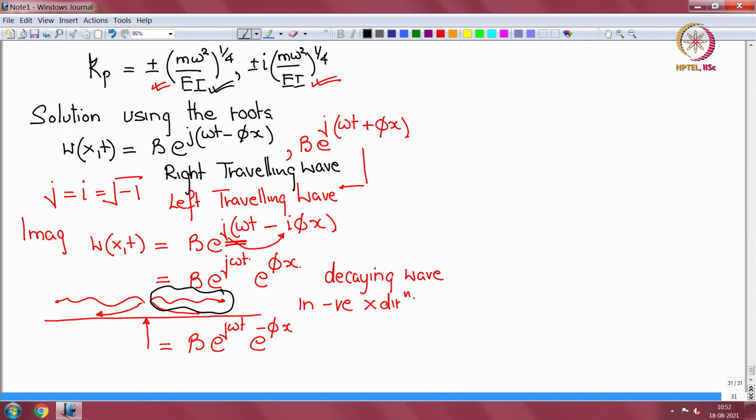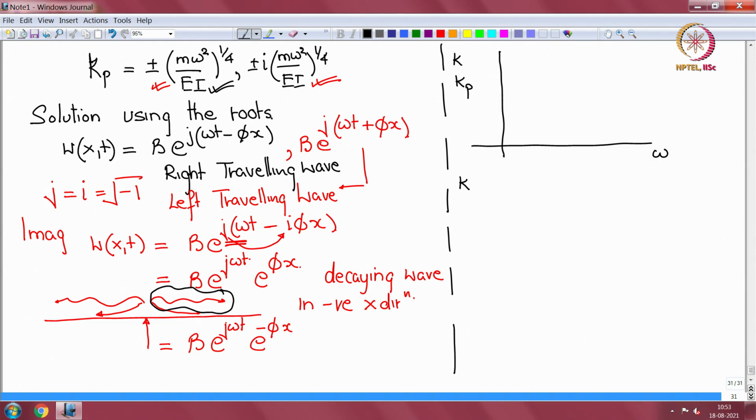Now, if we plot both the wave numbers, I have this frequency axis, this wave number axis for acoustic wave number and for the plate wave number. The acoustic wave number was omega by c, so it is a straight line with a slope related to c.